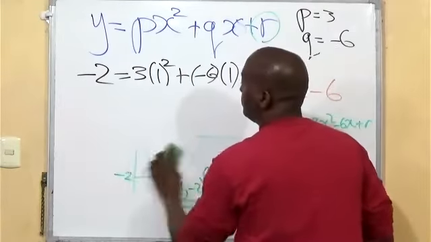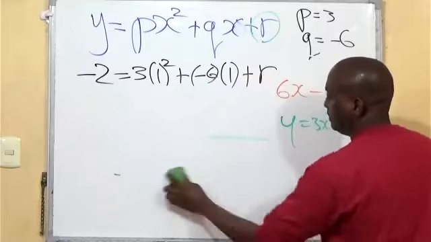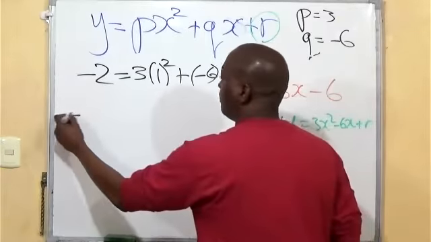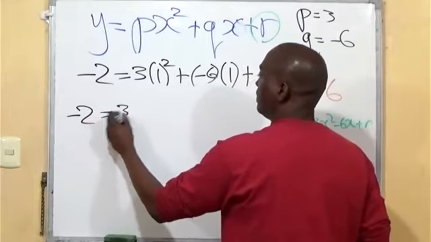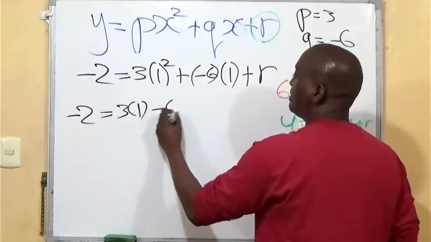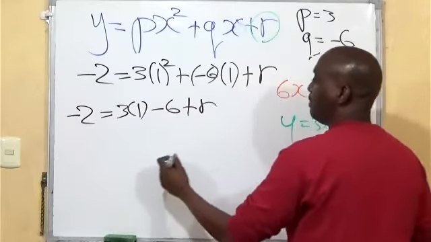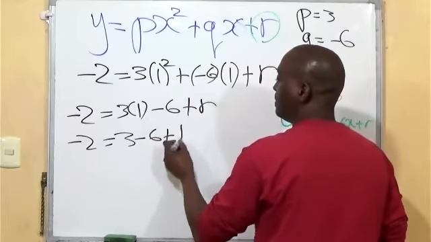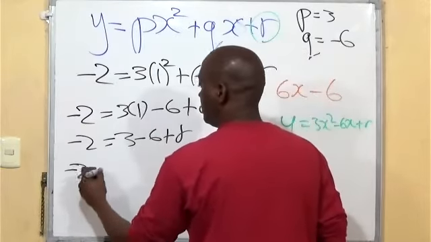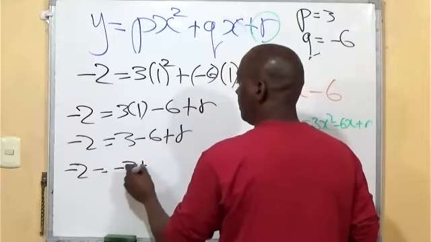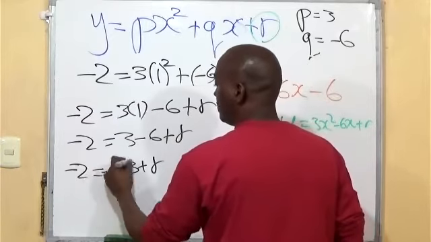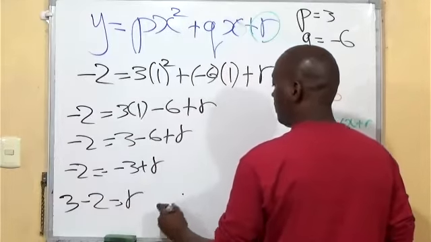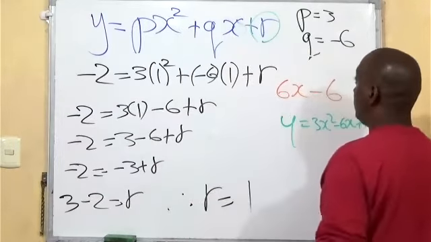So -2 is equal to 3 by 1 minus 6 plus r. So -2 is equal to 3 minus 6 plus r. So -2 is equal to -3 plus r. So 3 minus 2 is equal to r. Therefore, r is equal to 1.